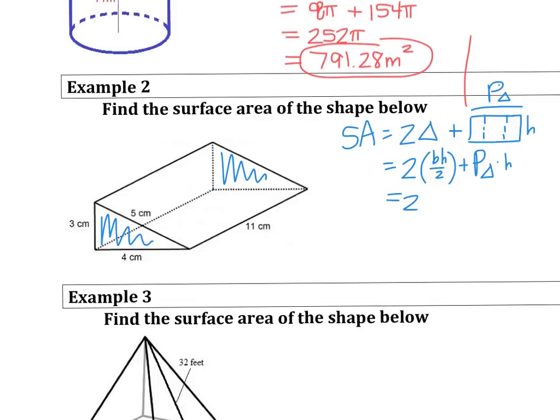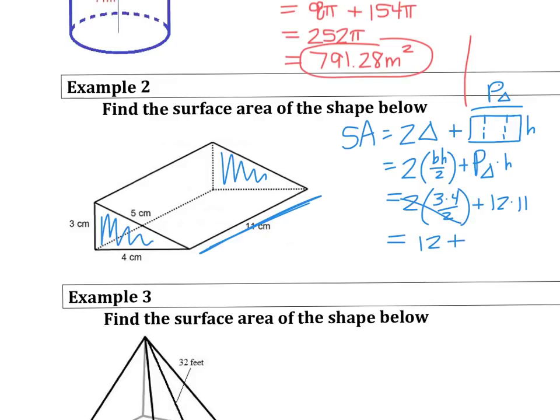The first base and height that we talk about is the one of the triangle, so it is 3 by 4. The perimeter of the triangle is 3 plus 4 plus 5, which is 12, and the height is 11. Even though it's laying on its side, the height is still 11. Those two simplify.